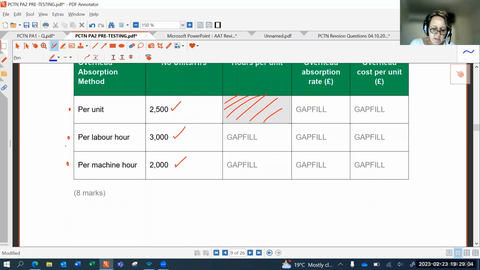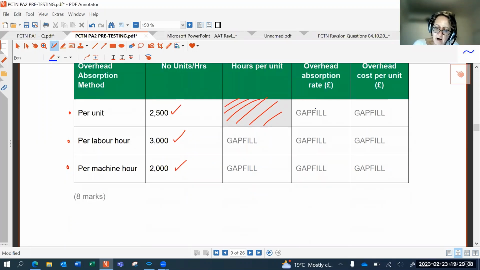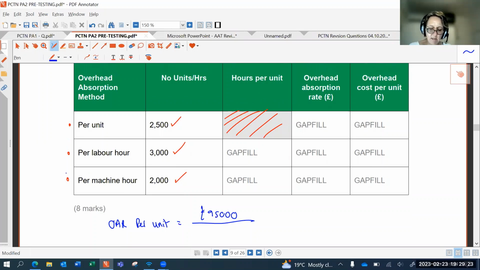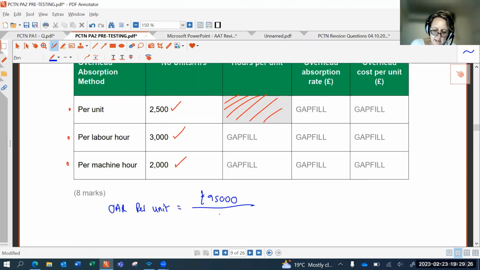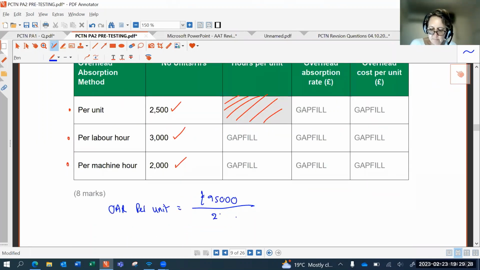I think we have. So if we do the OAR then first, let's do the OAR per unit. You told me that the formula was to take the overhead divided by the activity. Well, the activity is units on this first row, and the units are written right here as 2,500. So 95,000 divided by 2,500. Has anybody done that for me yet? £38. Fantastic.